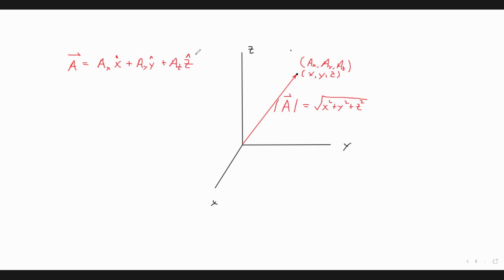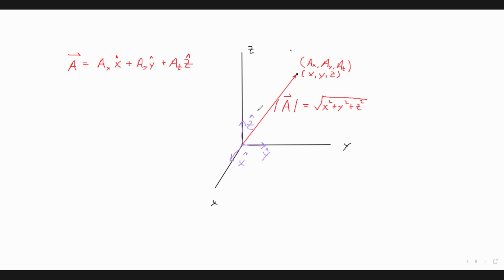And you can use hats on x, y, and z in order to indicate the unit vectors in those directions. So my unit vector in the x direction is this. My unit vector in the y direction has a magnitude of 1 along the y-axis, and this is the unit vector in the z direction.